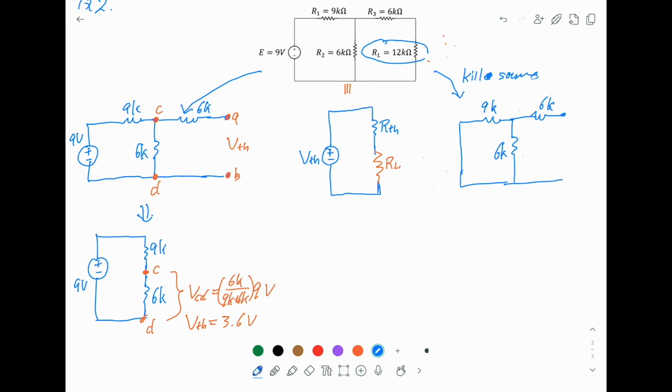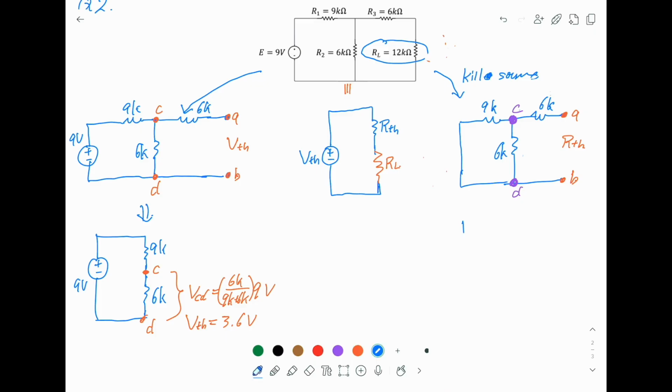So what we are doing is we want to find, if we look from these 2 points, this time A and B, if you measure the resistance, we ask what is the resistance across A and B, and we call this Thevenin resistance. Now if I redraw this circuit, I want to draw your attention first to these 2 points. They are very important because they are the splitting point, the junction, and the C, D here. So now I redraw this circuit like this.